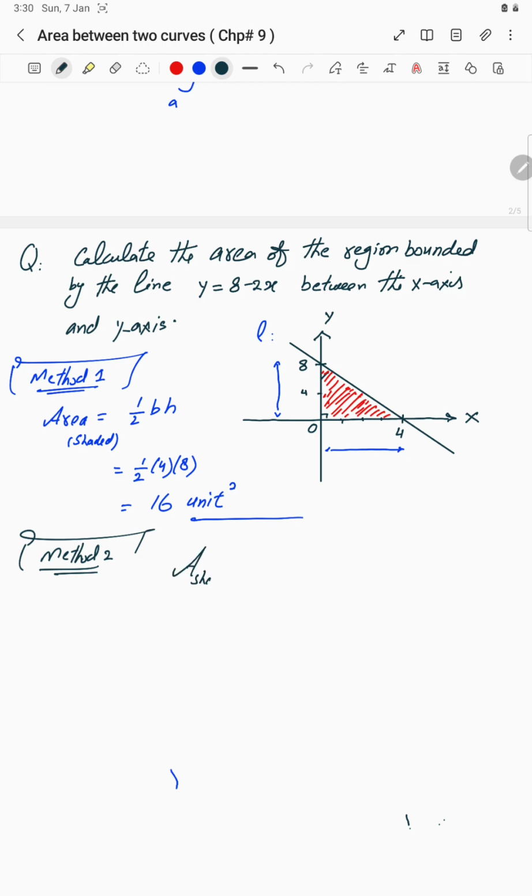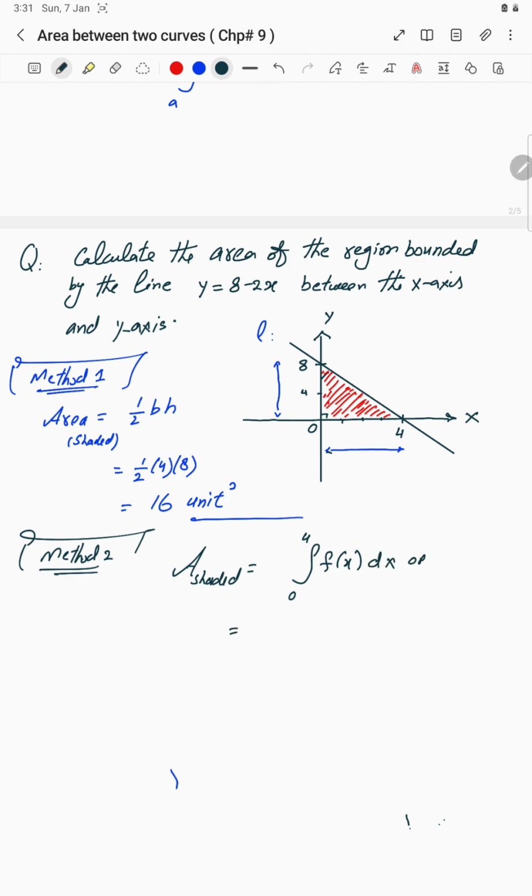The area shaded along the x-axis: what is the range of the curve lying on the x-axis? That is 0 till 4. This is the range along which the line crosses the axis, 0 till 4. So the definite integral is from 0 till 4 of f of x d of x.